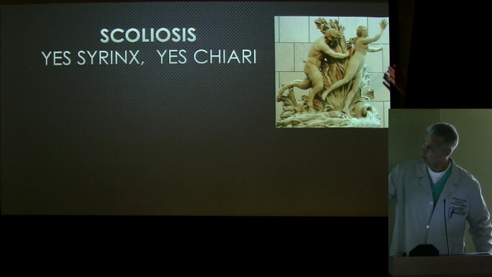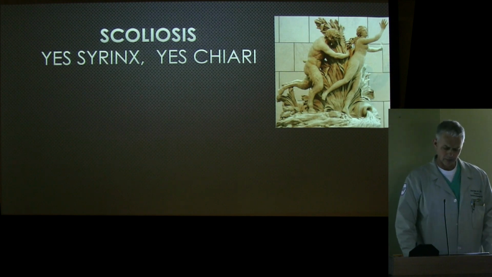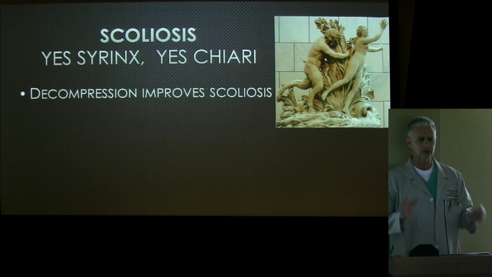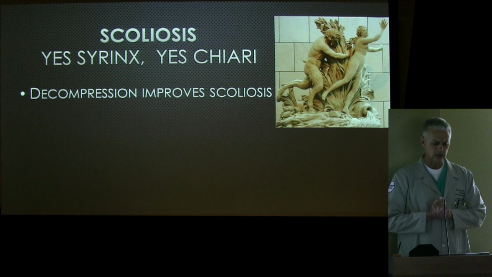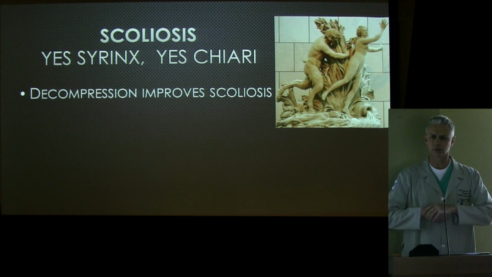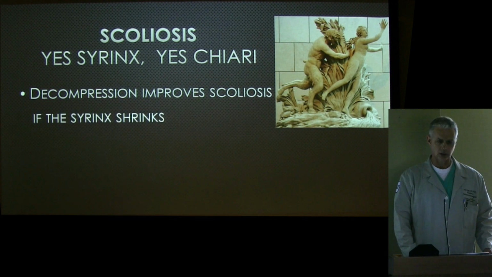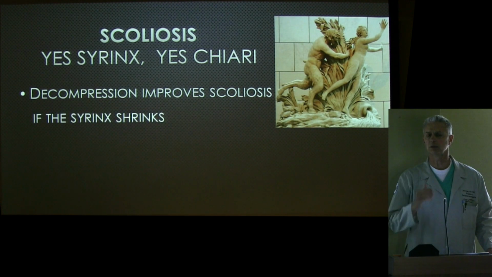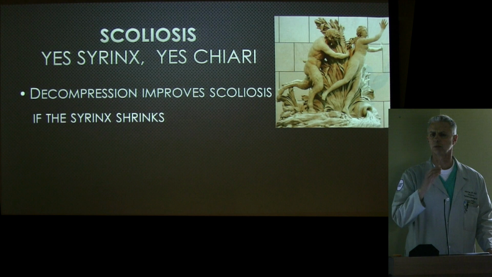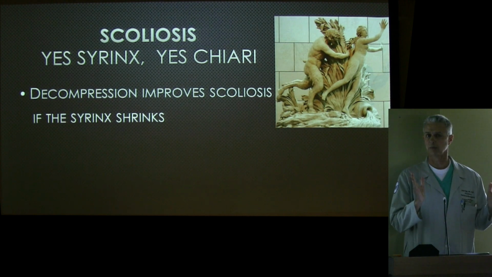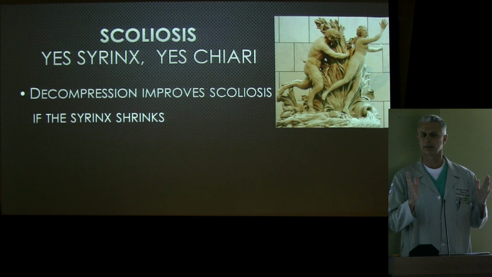Again, here's Syrinx in pan. So now, if you have a Syrinx and you have Chiari and scoliosis, decompression improves the scoliosis if the Syrinx shrinks. Now, I've had patients who have been operated on for this, and afterwards the Syrinx is the same, and so that doesn't count.